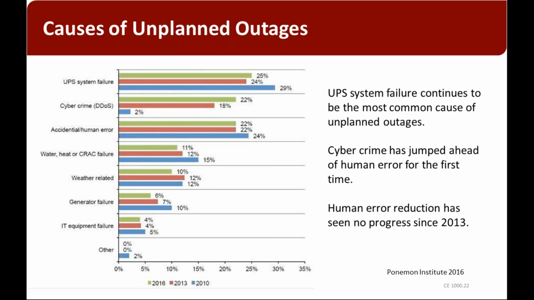This slide is interesting. It's always amazed me a little bit. In a critical environment, the biggest problem and common failure is uninterruptible power systems. When this study was originally commissioned and supported and paid for, it was from a UPS manufacturer.